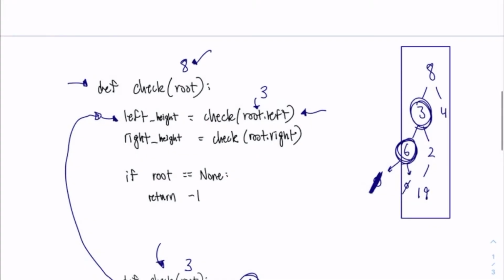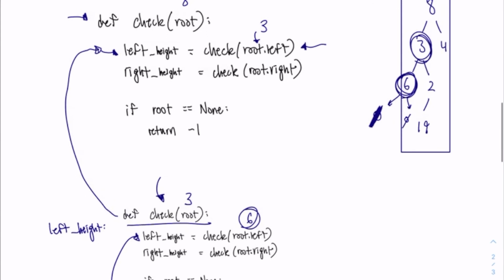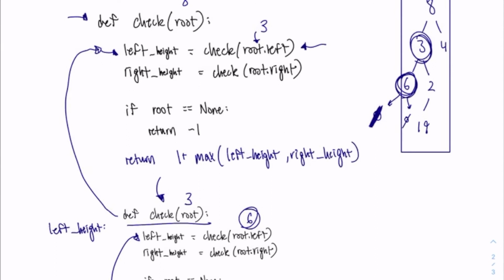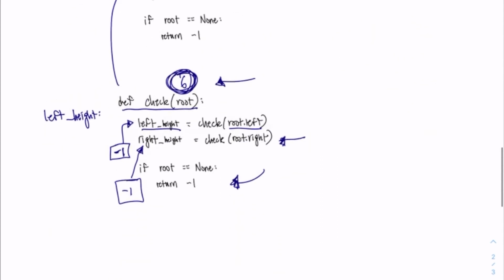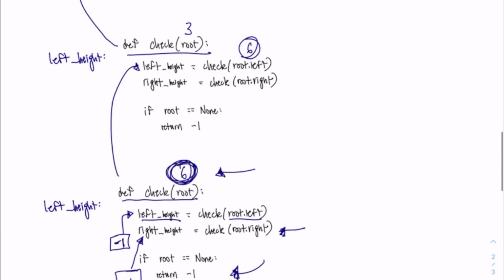And let's go back to the example we made and explore how we do that. So we can add return 1 plus max of left height, which is this, and right height. Let me remove some of these arrows. So now that we have this statement, we can go back to where we were with defining left height and right height as -1 and -1.